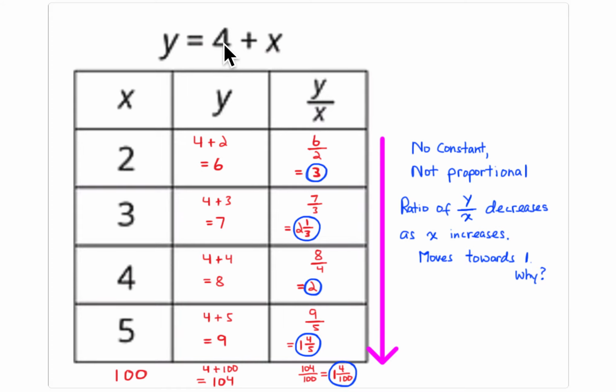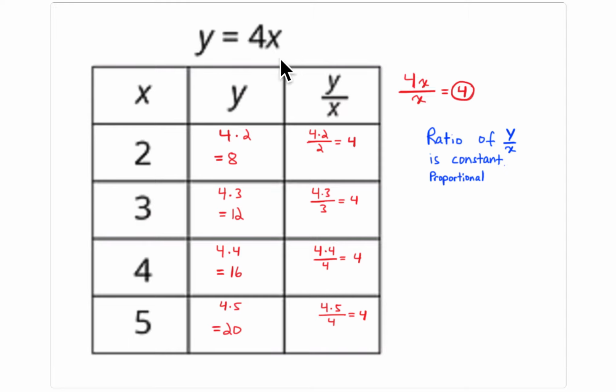All right, the next one. y is equal to 4 times x. Well, 4 times 2, 4 times 3, 4 times 4, 4 times 5. And take these values for y, divide them by x, and you're going to get a constant amount, because y is equal to 4 times whatever the value of x that you insert or replace for x.